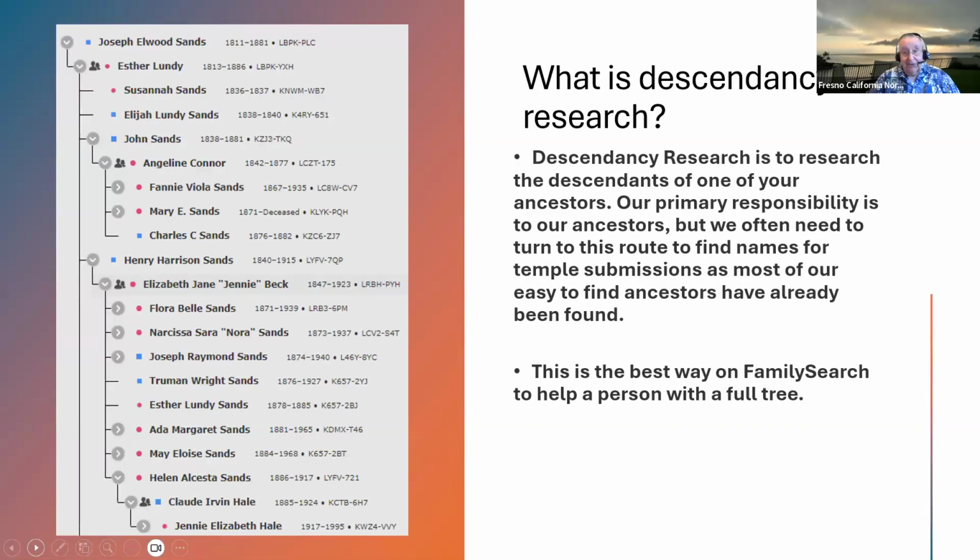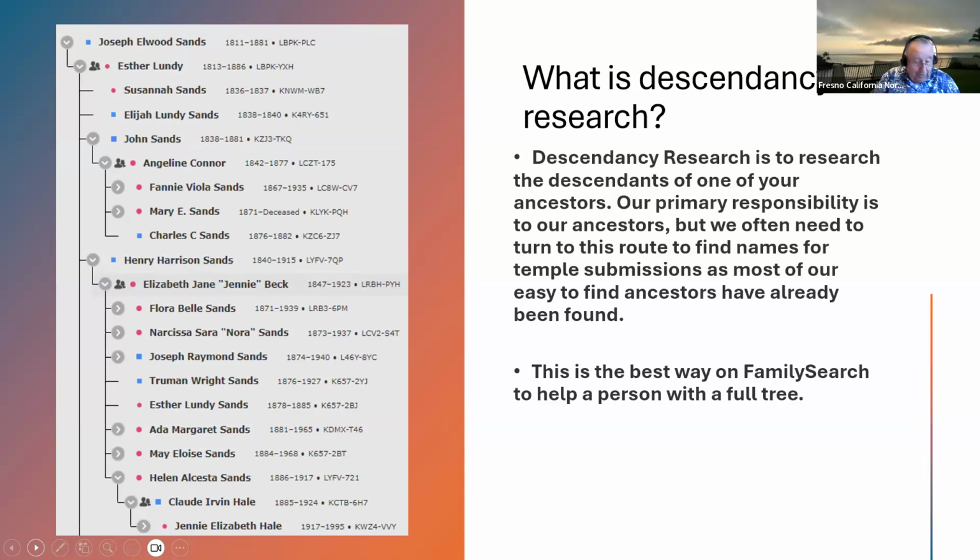Okay, so what is descendancy research? Well, for decades and for virtually a century, the big push from the church was to do our ancestors. Well, as many of us filled out our ancestor charts, that became a very difficult thing to do if we were trying to find new names.